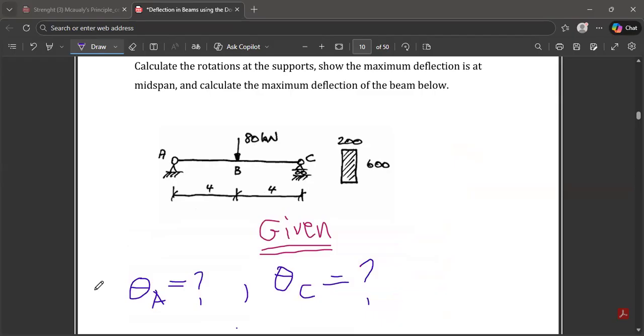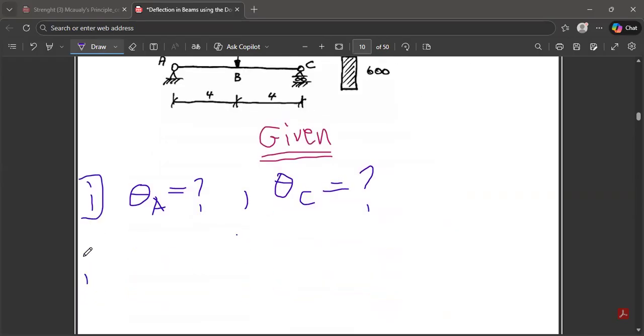And what are they telling us to calculate again?